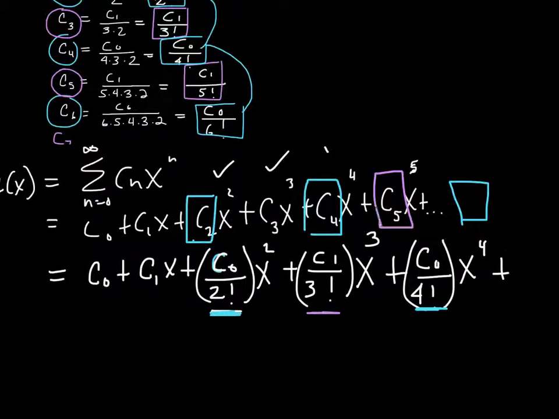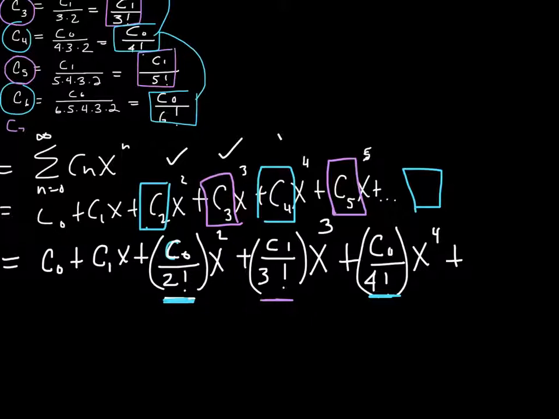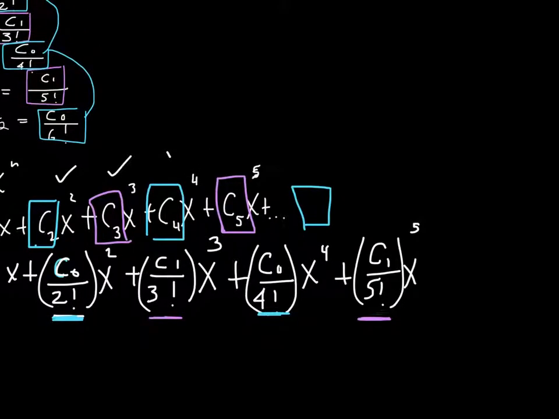C5 was C1 over 5 factorial, and all of this is x to the fifth. And then we had the last term, plus C6, which was C0 over 6 factorial, all x to the 6th plus dot dot dot.